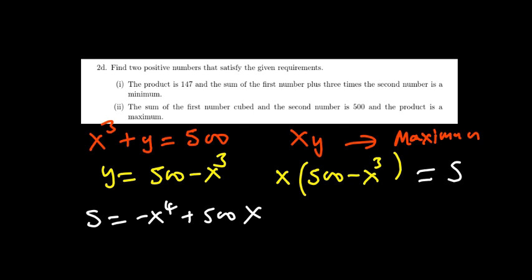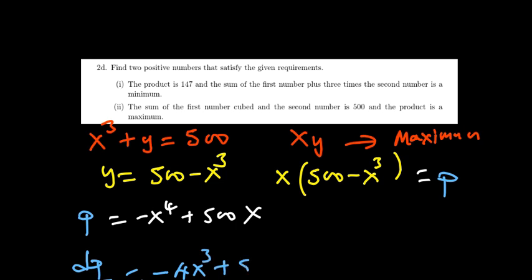In fact, that's a product, not a sum. Let's just call it the product. The product is the maximum. So our dp dx, differentiating, we're going to have negative 4x to the power 3 plus 500.